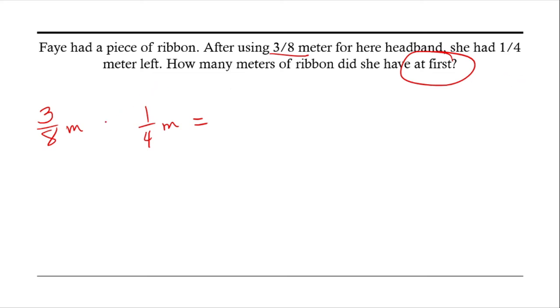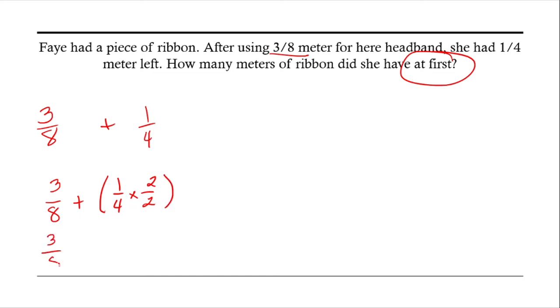Ibig sabihin, mag-a-add tayo ngayon. Kalimutan muna natin yung unit kasi pareho naman silang meter. 8 and 4, hindi tayo pwedeng mag-add kasi magkaiba sila ng denominator. Ang least common multiple ng 8 and 4 is 8. So 3/8 plus 1/4 times, para maging 8, multiply natin siya ng 2/2.